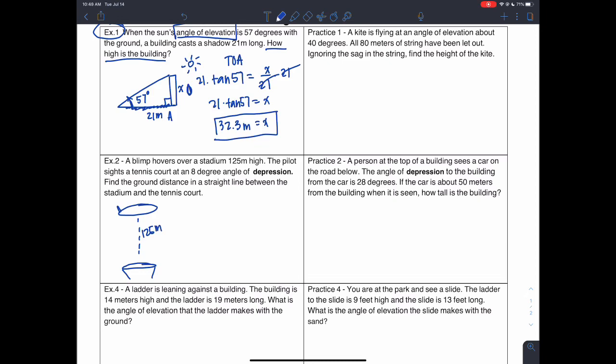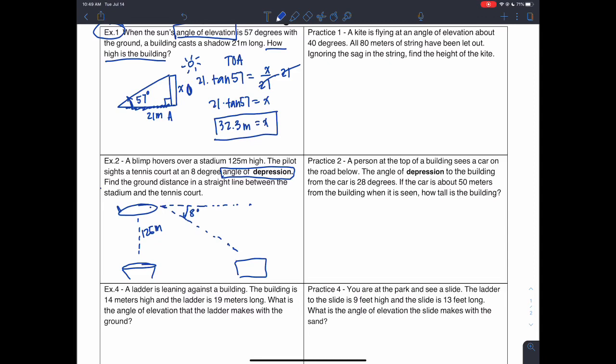The pilot sights a tennis court at 8 degrees angle of depression. So here we're working with an angle of depression. And our pilot is up here, so his sight starts at the horizon, and then he looks down at a tennis court, which is over here, at an angle of 8 degrees.